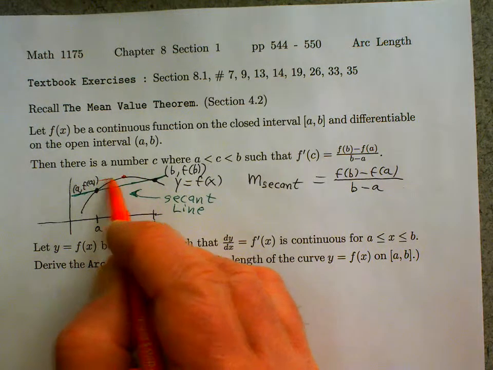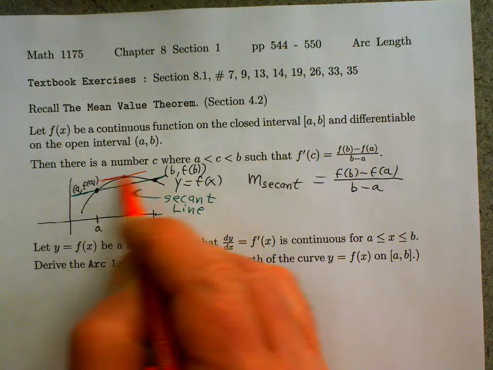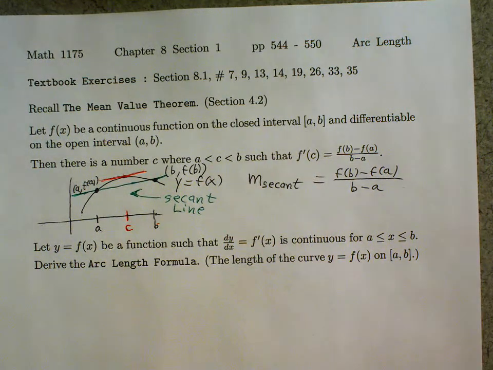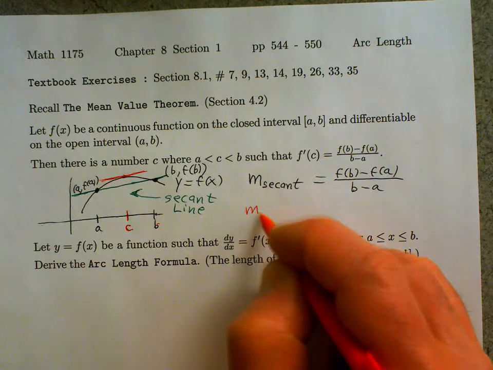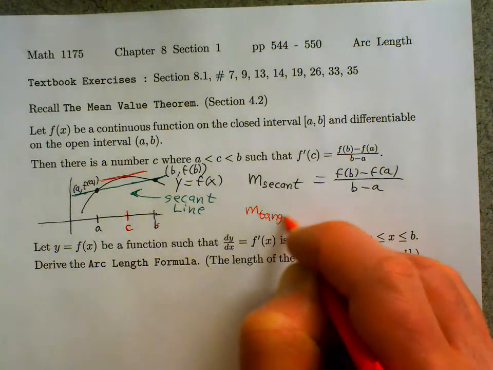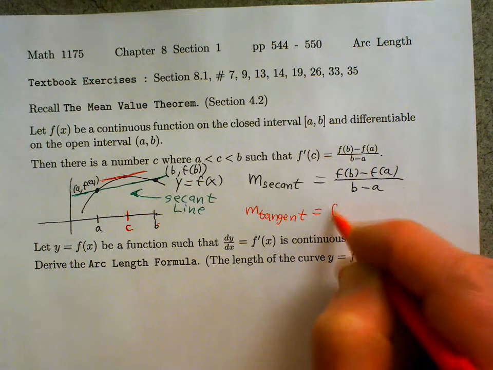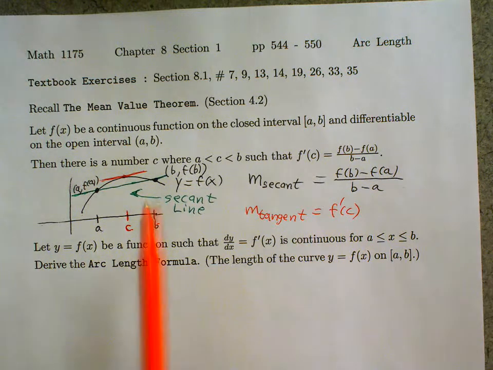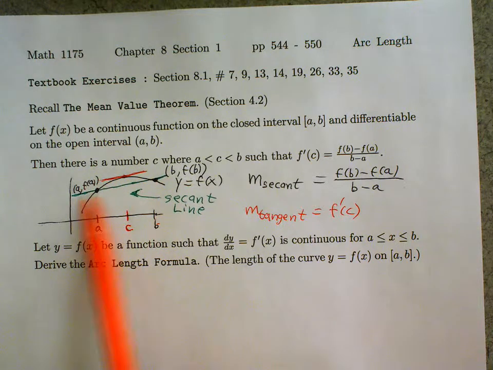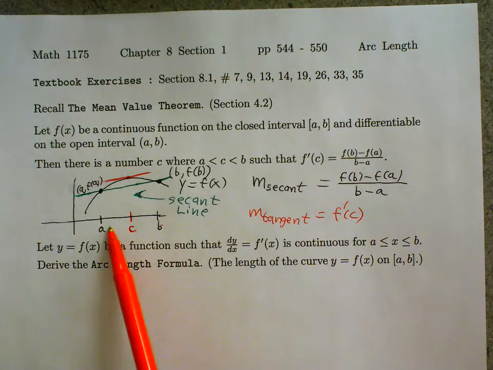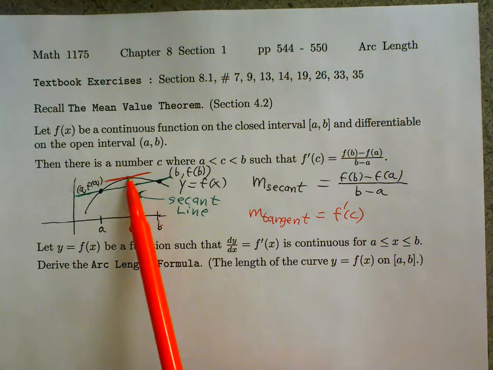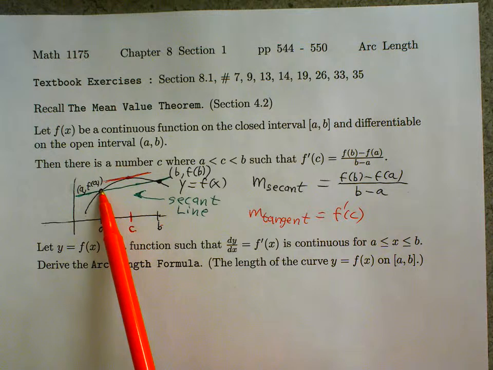But the slope of the tangent line that passes through that point is f prime of c. I attempted to make it look like the two lines have the same slope, and that's what the mean value theorem says. There is a number between a and b at which the derivative is equal to the average rate of change.